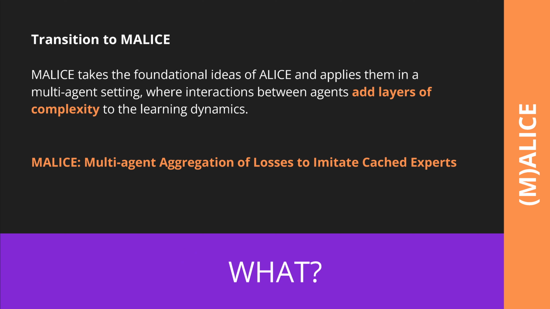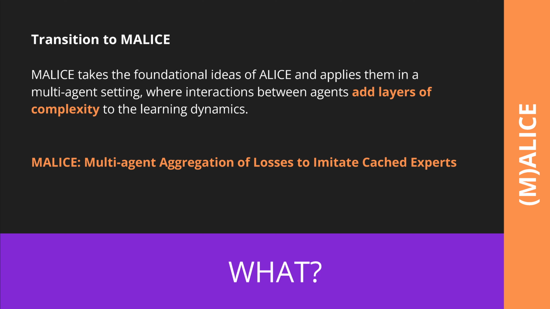And now comes the step you have been waiting for. Now we go from a single agent to a multi-agent, so MALICE. MALICE, the multi-ALICE, takes the foundational ideas of ALICE and applies them in a multi-agent setting, where the interaction between the agents adds layers of additional complexity to the learning dynamics.